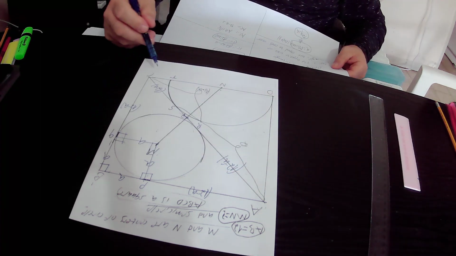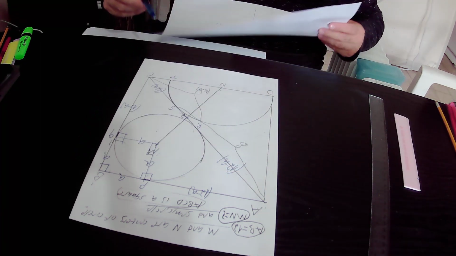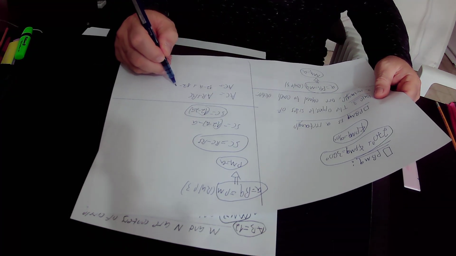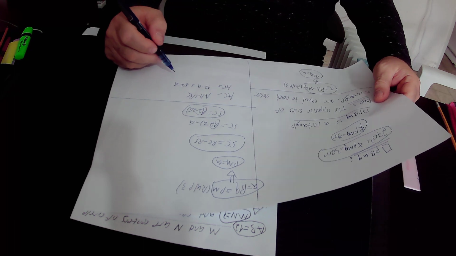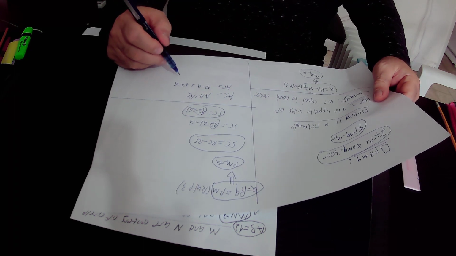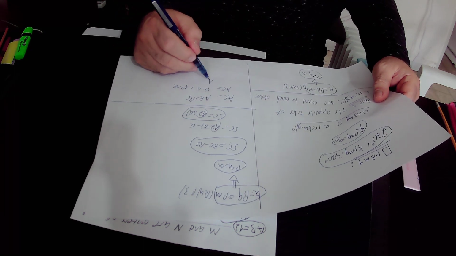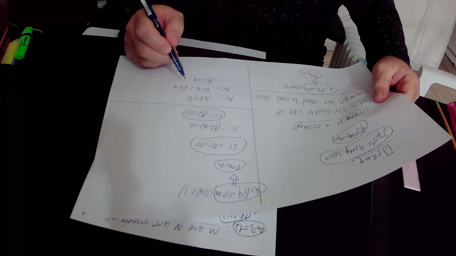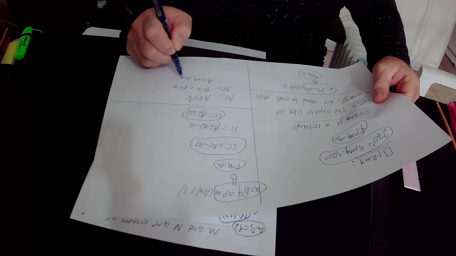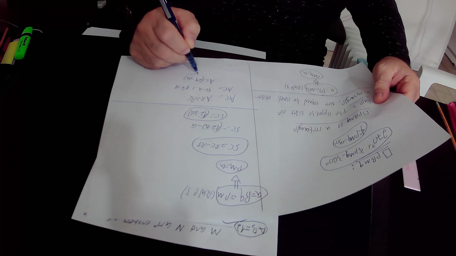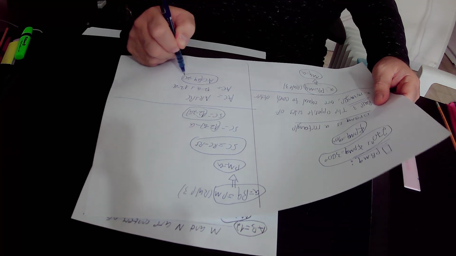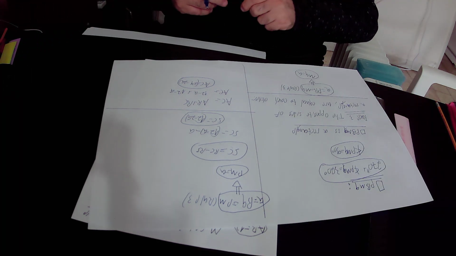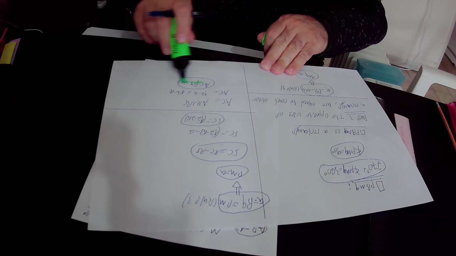We have already found out that RC also equals 12 minus A. So actually we found out that AC equals 12 minus A plus 12 minus A. So AC equals 12 plus 12, that is 24, minus A minus A is minus 2A. So in conclusion, we found out that AC equals 24 minus 2A. The diagonal AC of square ABCD equals 24 minus 2A.